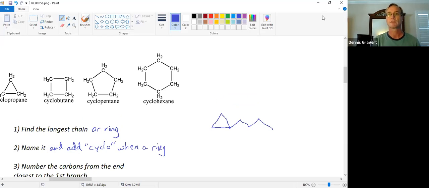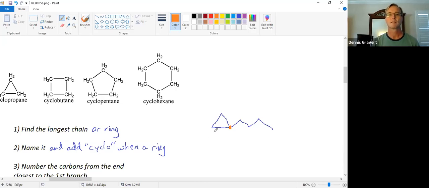Let's go to orange. I like to find the rings first. So here's a ring of 3, the triangle. And now I must realize that this carbon that's part of the ring cannot be part of a chain. Ring carbons are not chain carbons.